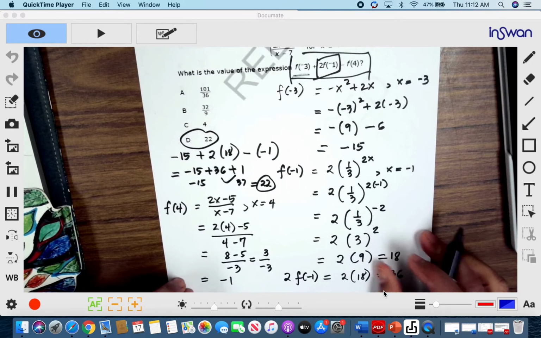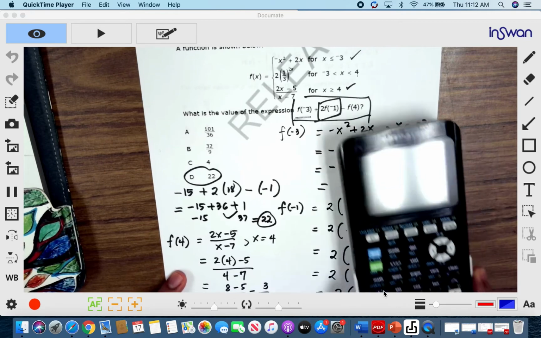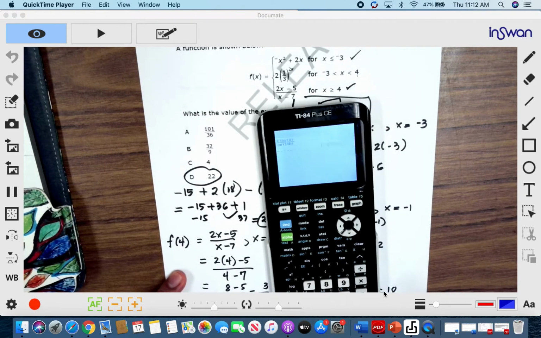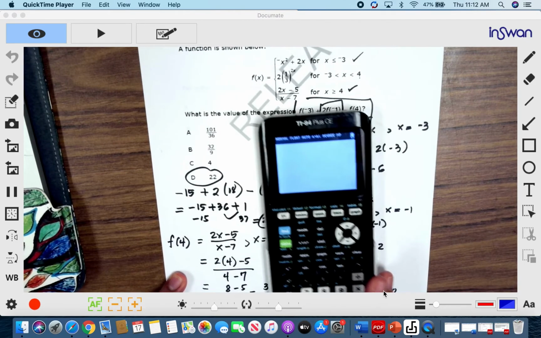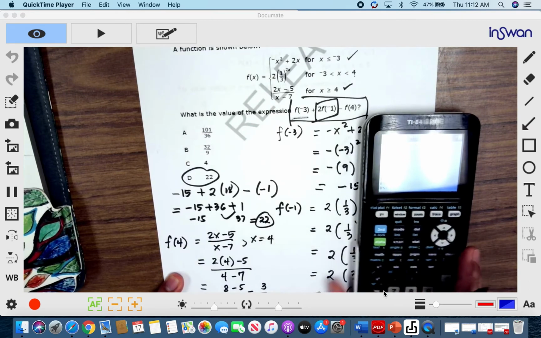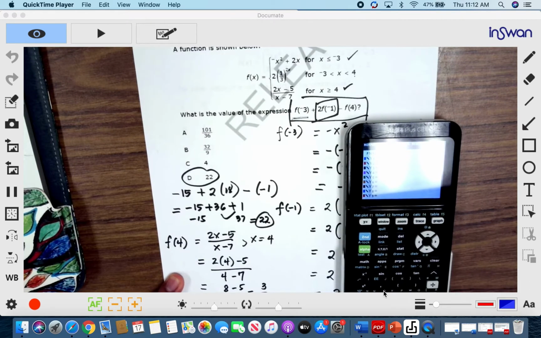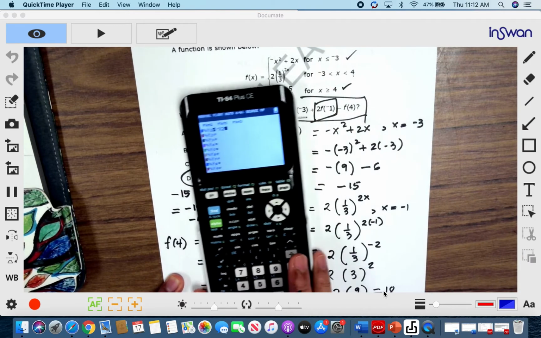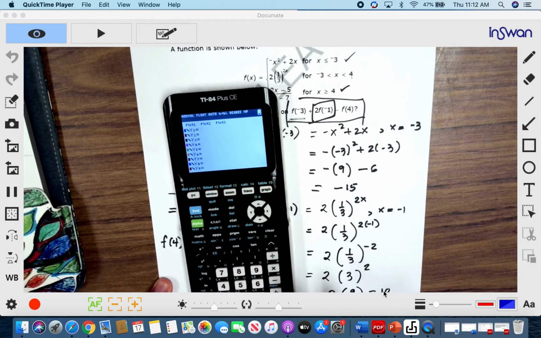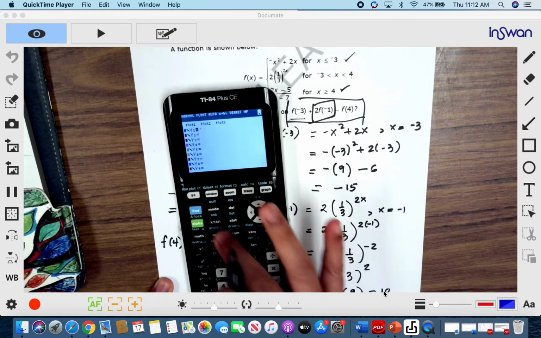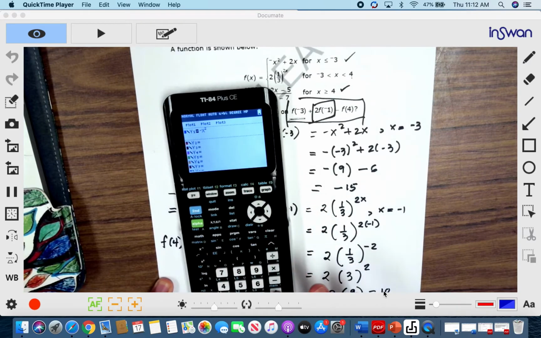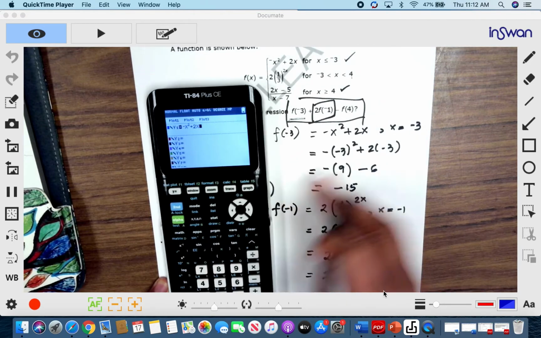Now, you can actually make use of your calculator to do that by putting in each of the values. Let's say -x squared plus 2x, and our value of x is -3.